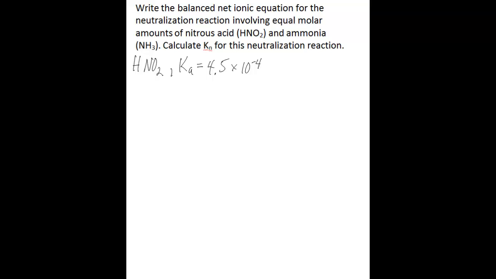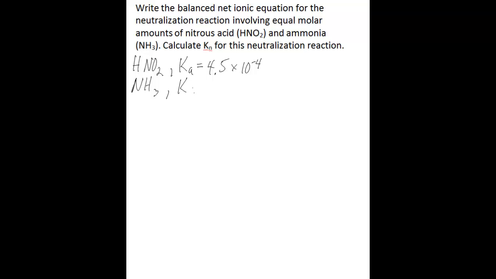Any K value in general less than 1 will mean that the acid you're dealing with is a weak acid. So this Ka value is less than 1, and we can say with confidence that nitrous acid is a weak acid.